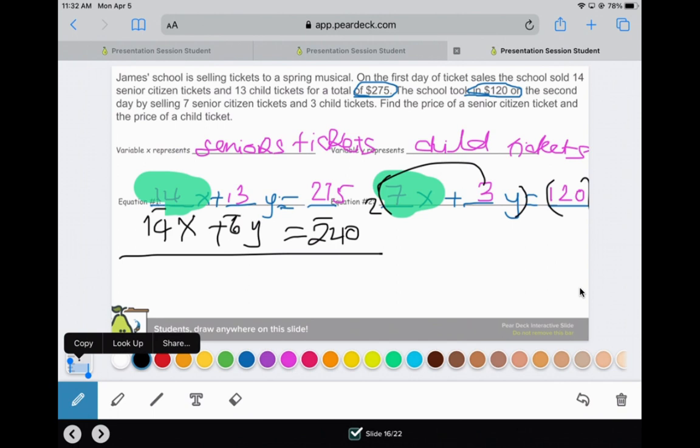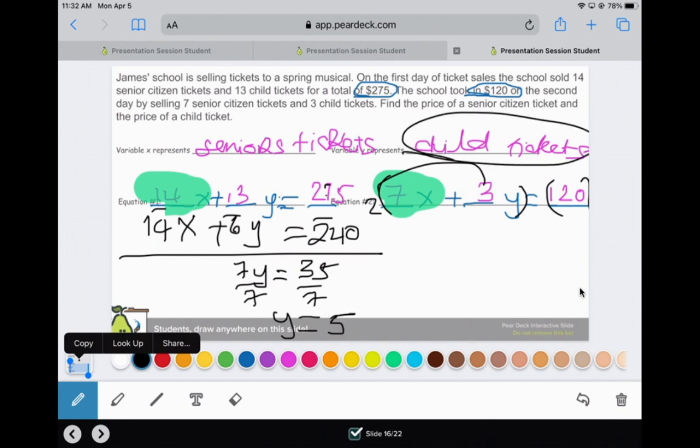Minus, minus, minus, so 13 minus 6 gives you 7. 275 minus 240, that's 35, divide by 7, y is 5. And y represents the child ticket.